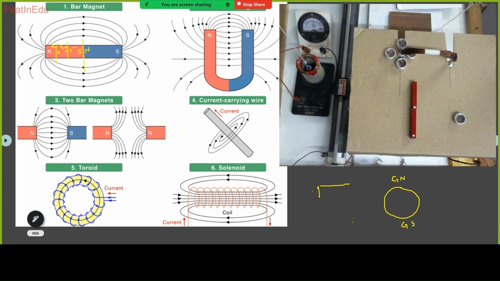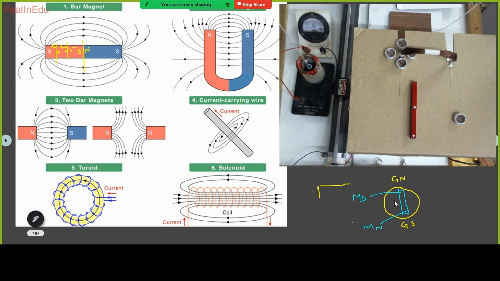Now here you can assume that there is a magnet inside Earth. And this end of the Earth will be south pole and this will be north pole. So this is magnetic south and this becomes magnetic north.